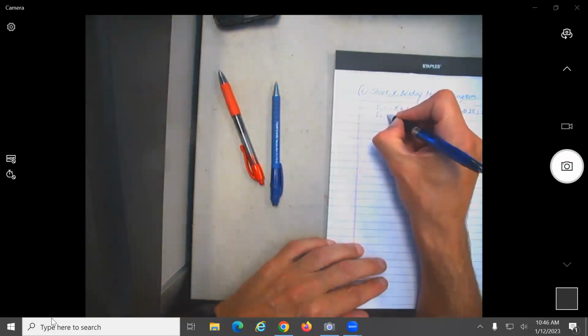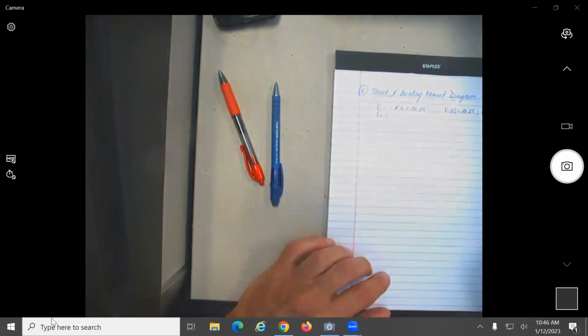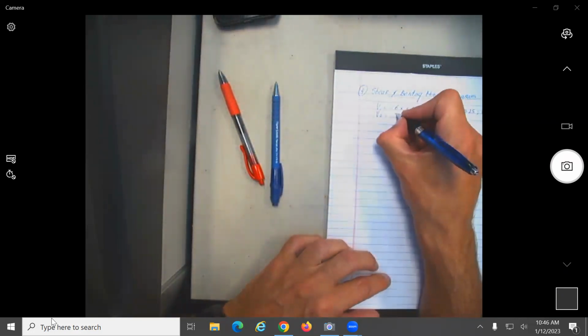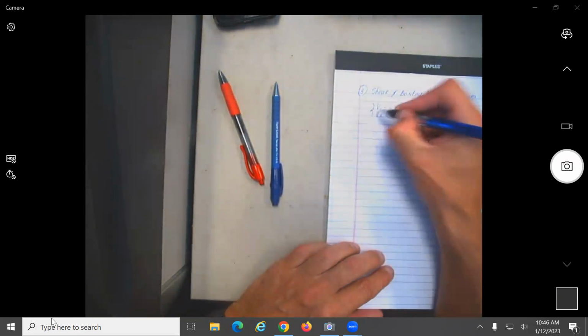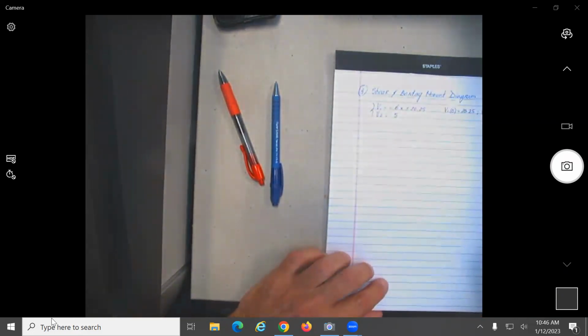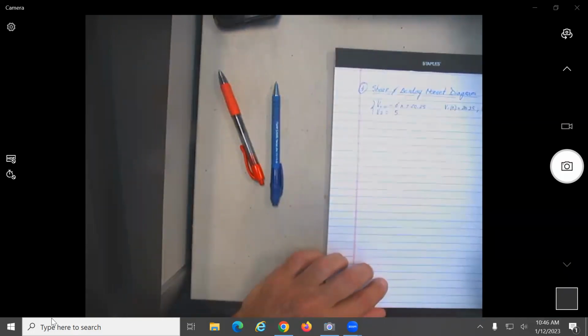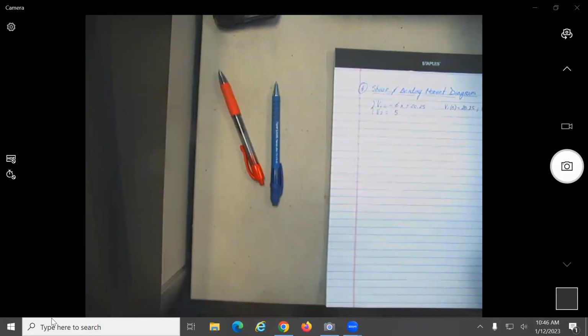V2 is equal to 5, so that one should be pretty easy to sketch.